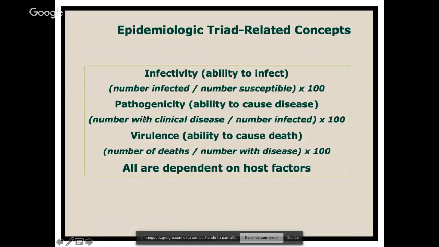Also, we can calculate it with the number of clinical disease cases over the number of infected persons. Virulence is the ability to cause death. We have the number of deaths over the number of disease cases. All are dependent on the host factors.